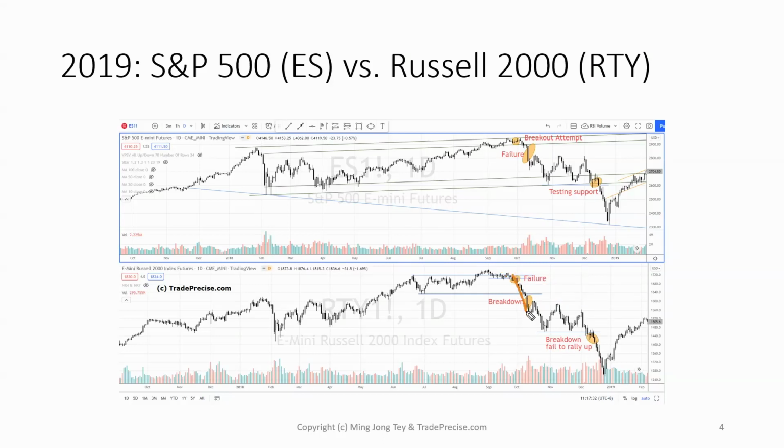The sign of weakness actually started with this breakdown bar. And if we look at this breakdown bar in the S&P 500 at that time, it's exactly the same day, which I circled in orange color. So in Russell 2000, this is actually a breakdown bar, but in the S&P 500, this is just a failure, right? A breakout failure. So this is a breakout and then eventually it just broke back in.